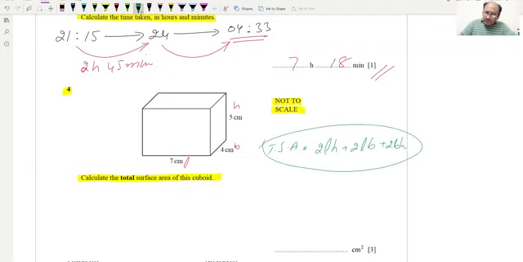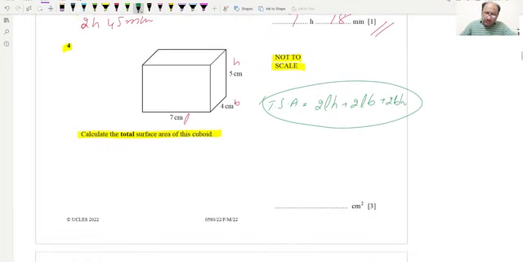This is the formula which we will be applying, and we will be replacing the values. This will be 2 into 7 into 4 plus 2 into 7 into 5, which will be height. So 7 into 4, L into breadth, and plus 2 into 4 into height, which will be 5.